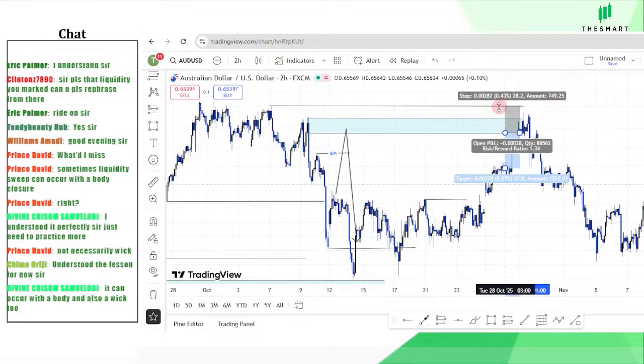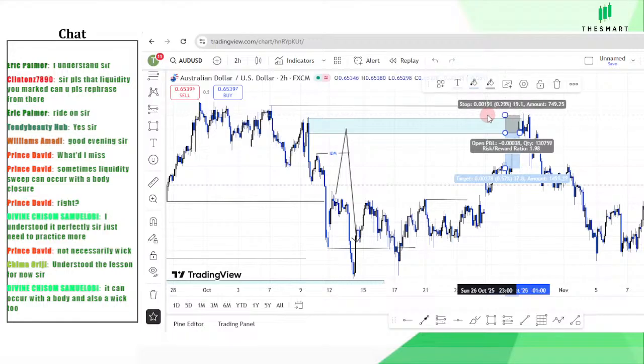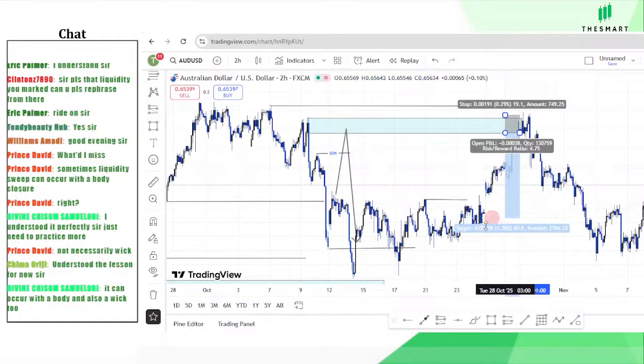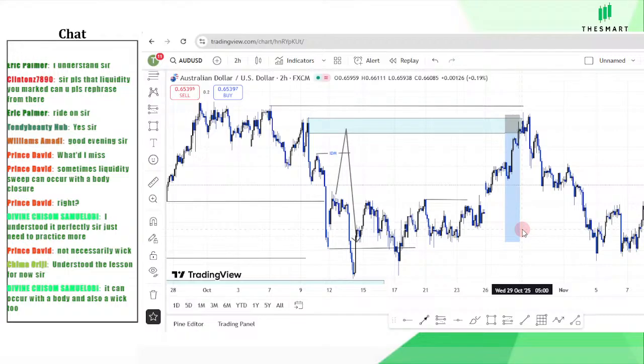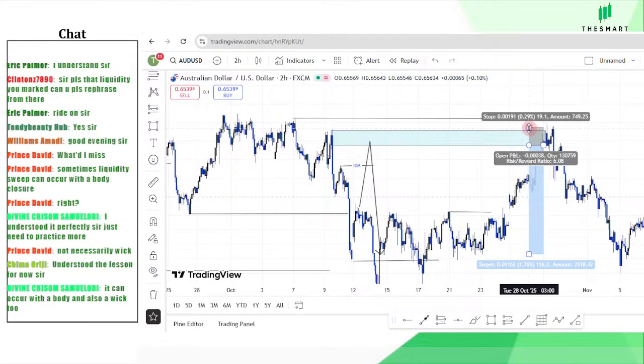You won't come to put something like this. It can't work. Or you put your stop loss somewhere here, then target down as we were expecting. It won't work. You have to at least position your stop loss above the liquidity highs.